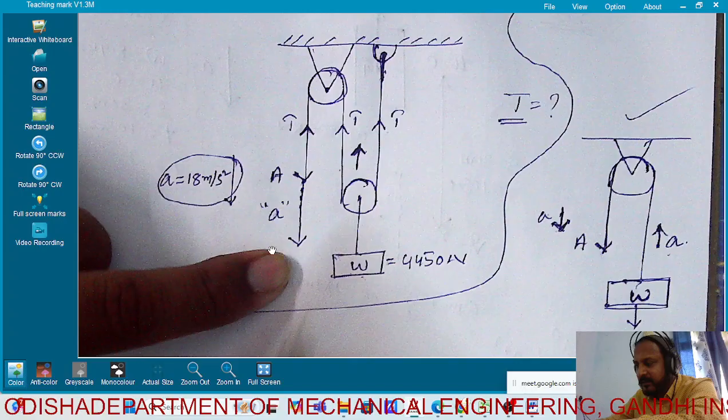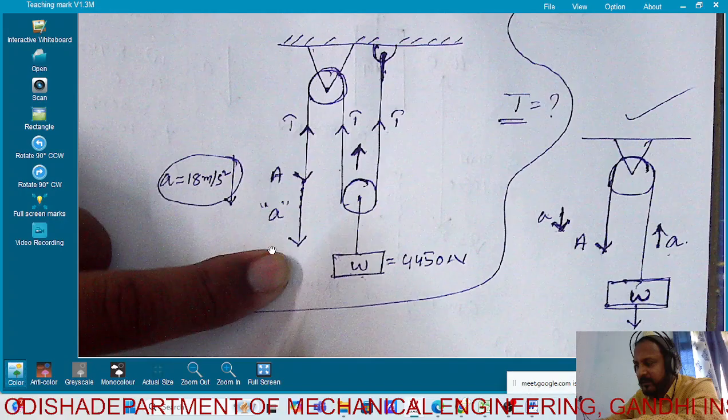So 2T is equal to W taking common, 1 plus a by 2g. Okay. So how much is W? 4450 into 1 plus a by 2g. I have not written a. Let us find a here.